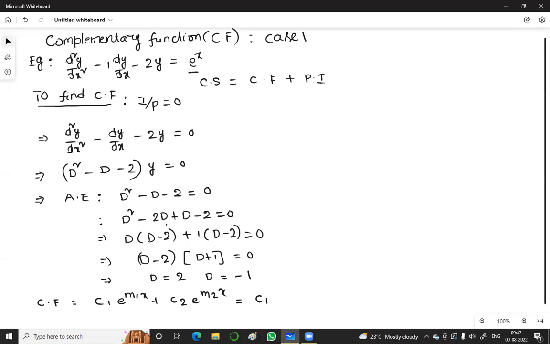C1 is an arbitrary constant, e power m1x means first root, e power 2x, plus c2 arbitrary constant into e power m2x, m2 is minus 1, into x. That's it. This is the way you have to find complementary function of any linear differential equation. So this is what case 1 is. Very simple. Now we will see case 2.